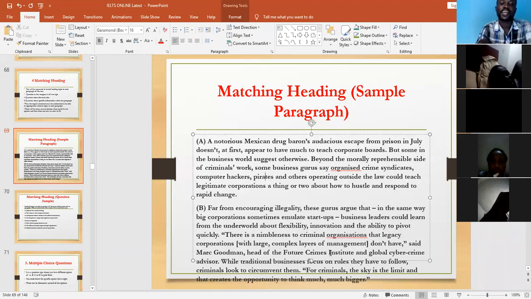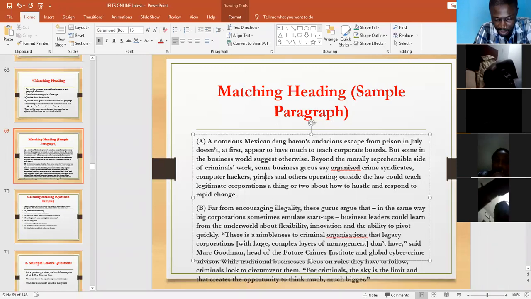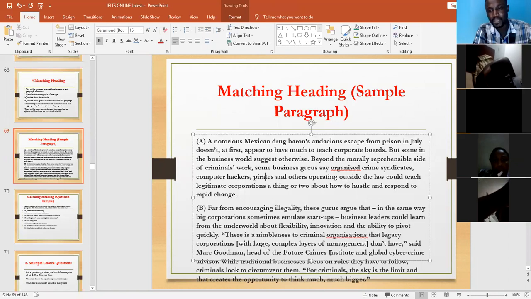Okay, she is saying enforcement. Yes, I think the main idea is how business gurus can learn from drug barons or criminals. Yes, criminals. So the main idea is the lesson that can be learned by business people from criminals.